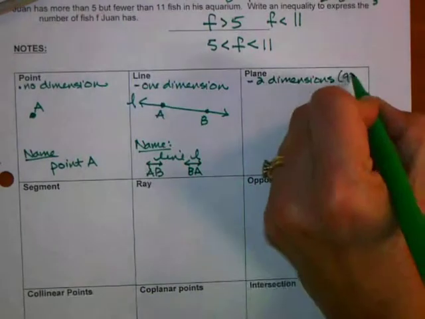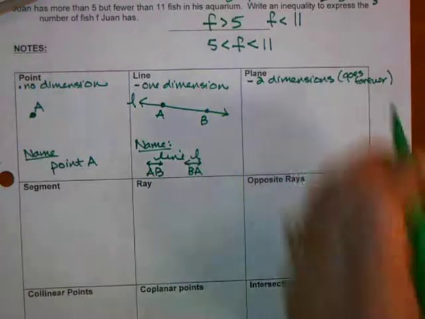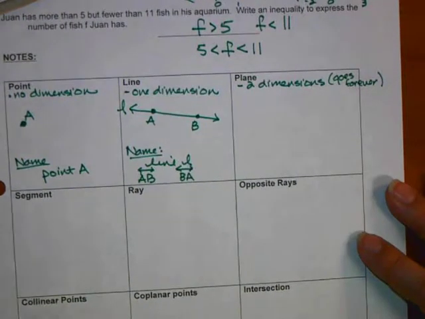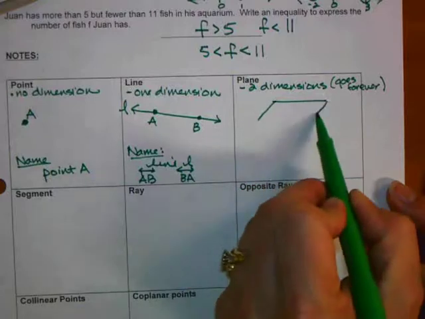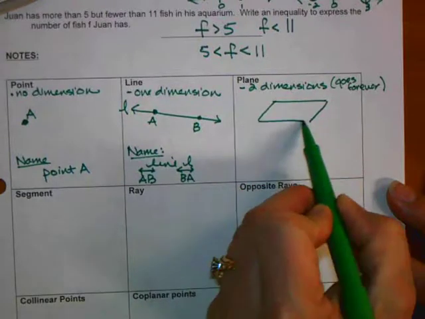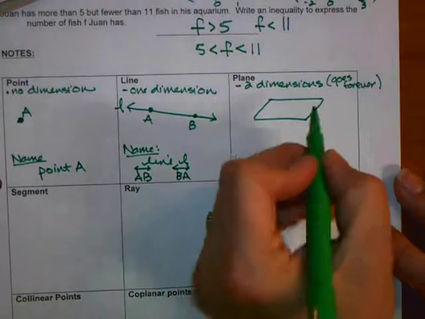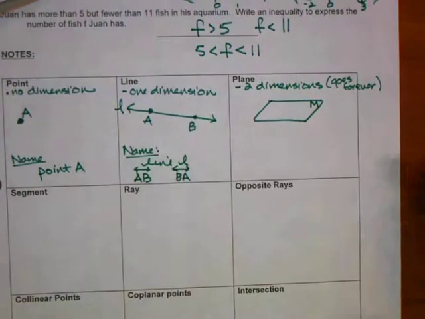And this is how I normally will draw a plane, kind of like a parallelogram, sort of. And then you'll often see a letter here. I just put an M there.